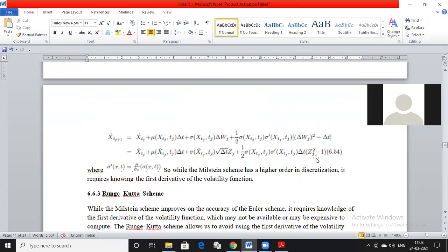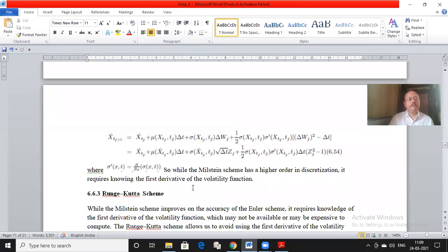But the catch, the cost for the Milstein scheme, is that I am retaining this sigma prime term, which is the derivative of sigma with respect to x. So the Milstein scheme has a better, higher order of discretization. It goes up to order of delta t, as you can see.